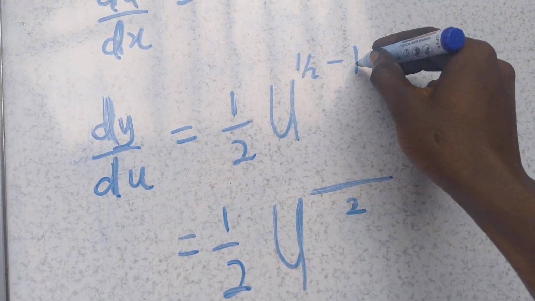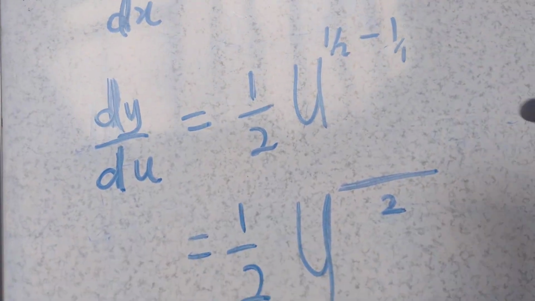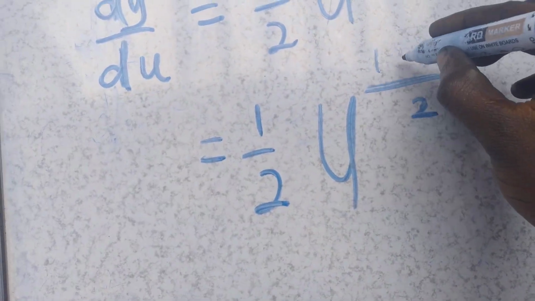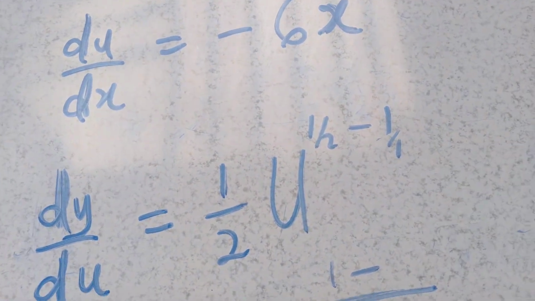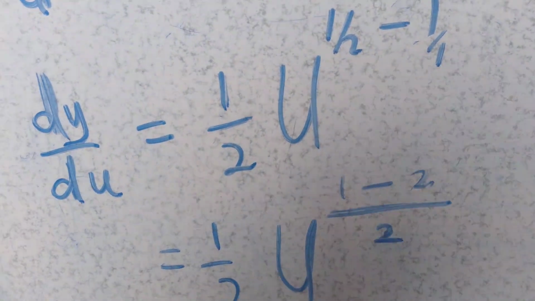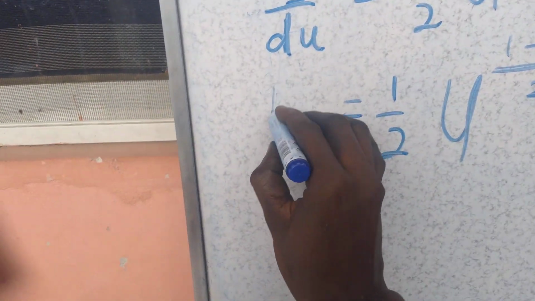That's the LCM of 2, and this one has a denominator of 1 as well. LCM of 2 and 1 is 2. 2 divided by 2 is 1, 1 times 1 you have 1. 2 divided by 1 is 2, 2 times 1 is 2. Okay, so I have something like this. Now this is dy/du.